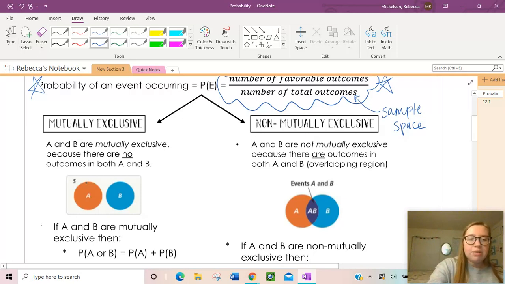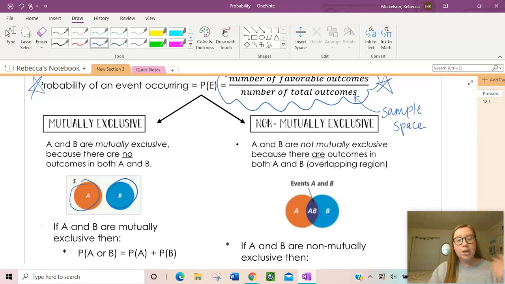Our two spaces will be mutually exclusive if they are in their own little bubble. There's no outcomes overlapping. A good example of this is A could be your even numbers, B could be your odd numbers. They are mutually exclusive because there's no overlap. There's no even and odd number at the same time.